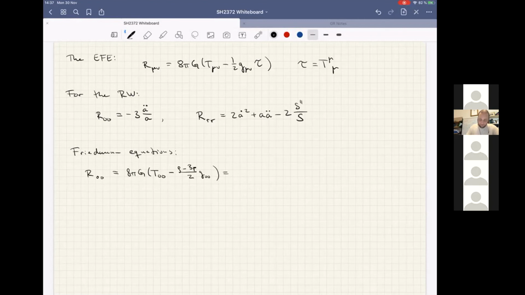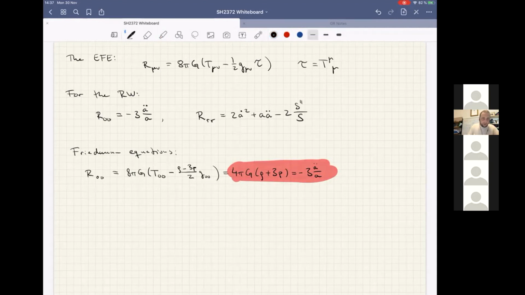If we compute that, we will find that it's 4 pi G (rho plus 3p). That then has to be equal to what we computed up here, minus 3 a double dot over a. So this is one of the so-called Friedmann equations that results from inserting this ideal fluid and the Robertson-Walker spacetime into the Einstein equations.